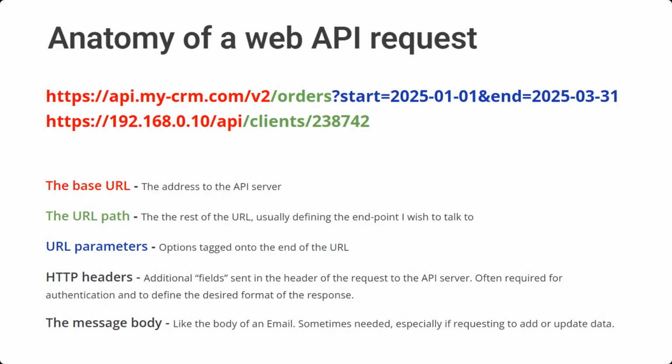Much like google.com, it could be a domain name such as mycrm.com in one of these examples. But it could also be just an IP address. This is especially the case if you are talking to an API which is hosted internally within your business. It might not have a nice domain name for you to talk to. But that's the first piece of information we need.